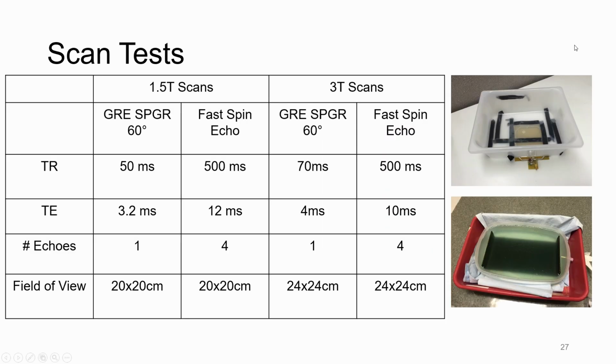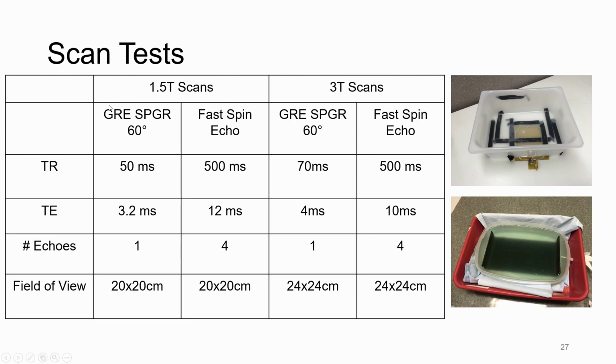It's pretty simple. Here is a summary of the scan tests that we performed. We performed scans at both 1.5 Tesla as well as 3 Tesla, and for each of these magnetic field strengths, we performed 2 different pulse sequences. Don't worry about what these are. You can have whole courses on them.